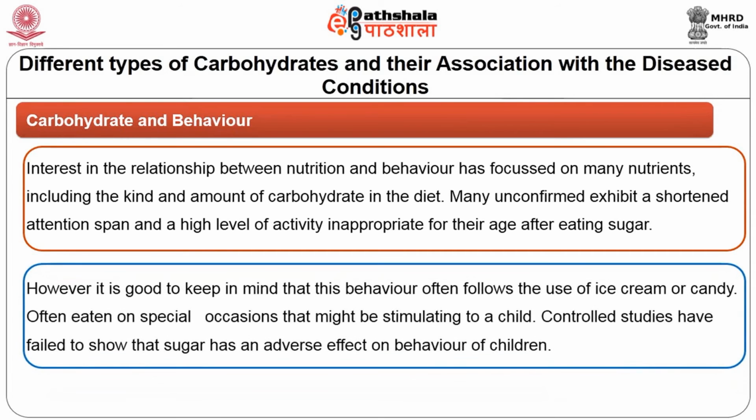However, it is good to keep in mind that this behavior often follows the use of ice cream or candy, often eaten on special occasions that might be stimulating a child. Controlled studies have failed to show that sugar has an adverse effect on the behavior of children.